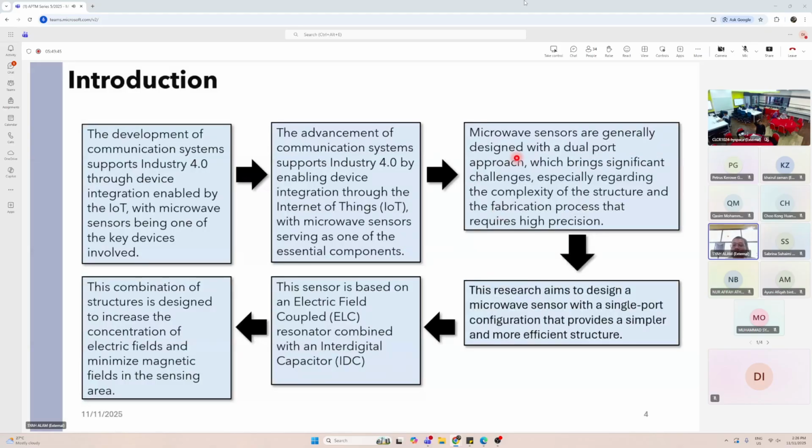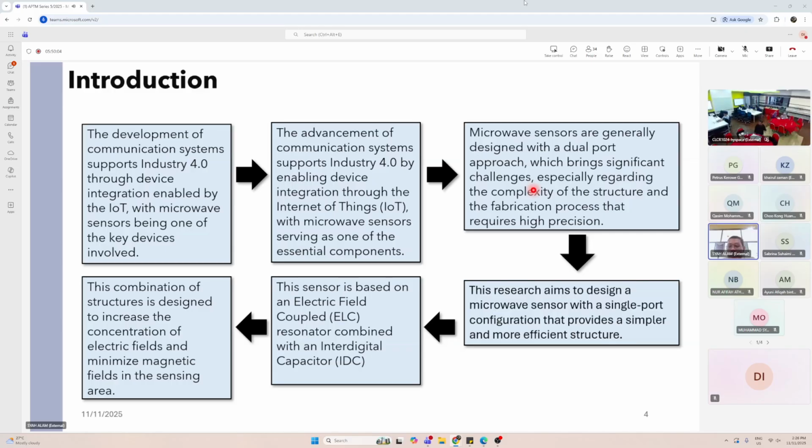Microwave sensors are generally designed with a dual port. Usually, researchers propose microwave sensors using dual port with a band pass or maybe high pass filter, which brings a significant challenge, especially regarding the complexity of the structure and the fabrication process that requires high precision.